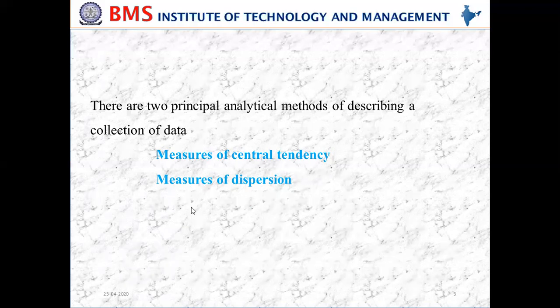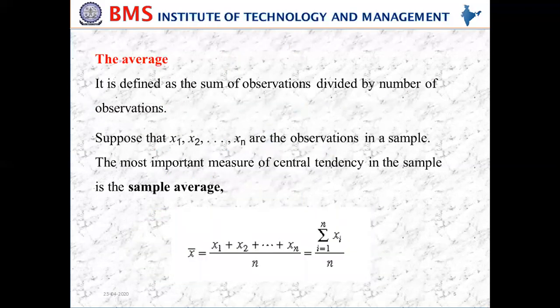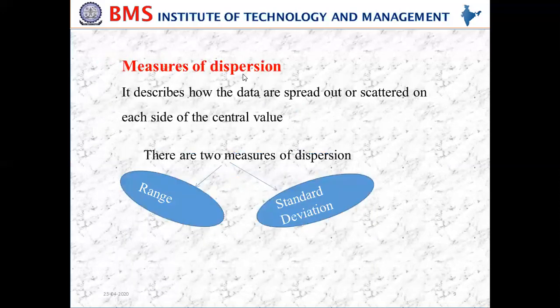How do you calculate it? As the name says, it shows how the data is scattered, how the data is dispersed from the mean value or central value. It describes how the data is spread or scattered on each side of the central value.